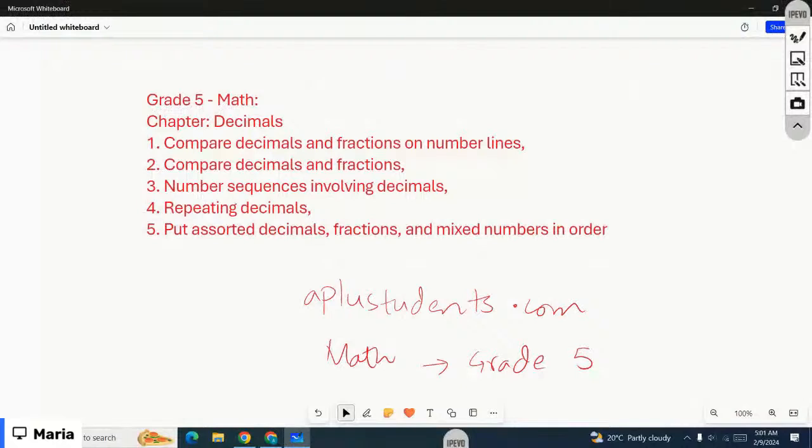The lessons we're going to cover today are compare decimals and fractions on number line, compare decimals and fractions, number sequences involving fractions, repeating decimals, and put assorted decimals, fractions, and mixed numbers in order.